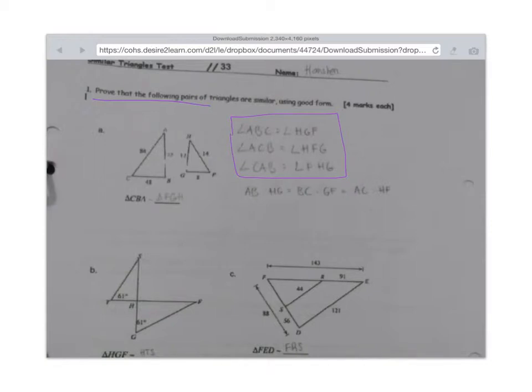So if you start by saying that the ratio of 84 to 14 is equal to the ratio of, let me just see here, it's a little hard to read, isn't it? 14 to, well, let's do the 48 to 8 there.